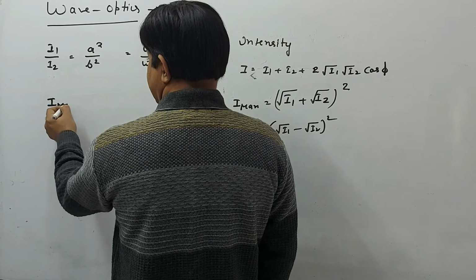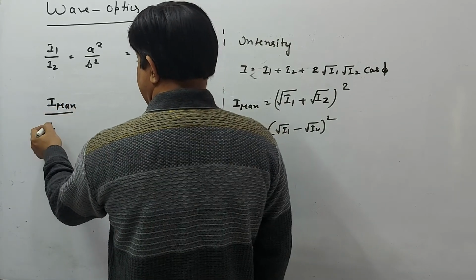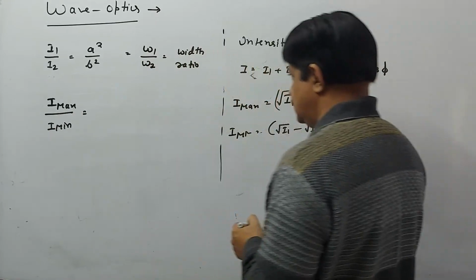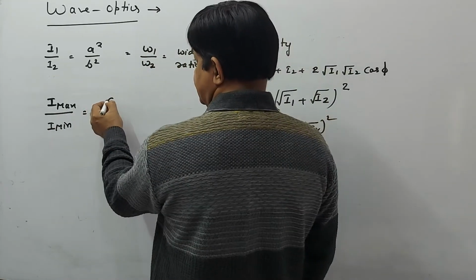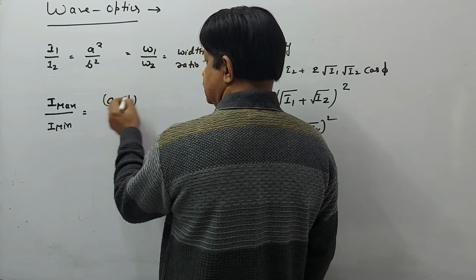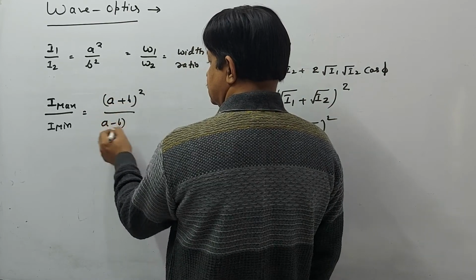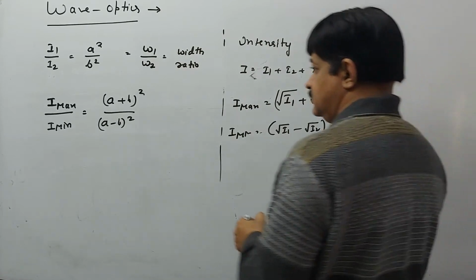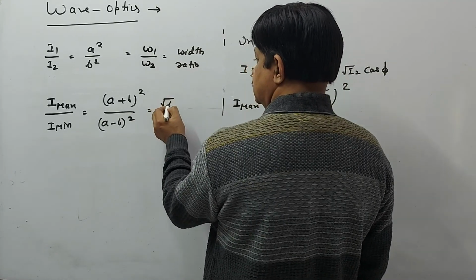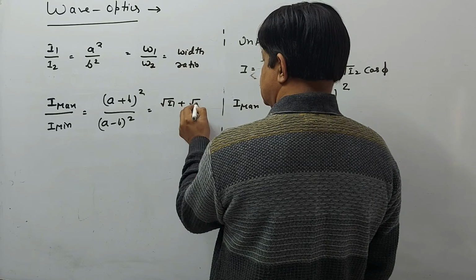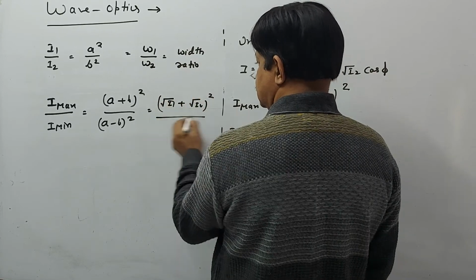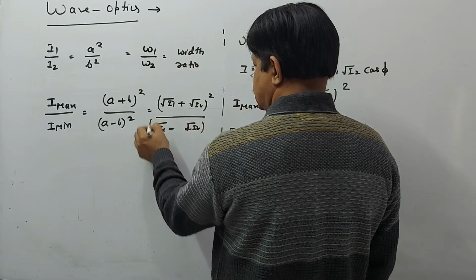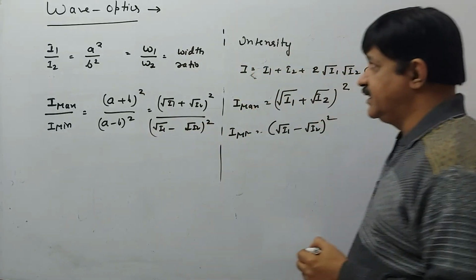So whenever we will take I maximum upon I minimum, it should be equals to root I1 plus root I2 whole square upon root I1 minus root I2 whole square.